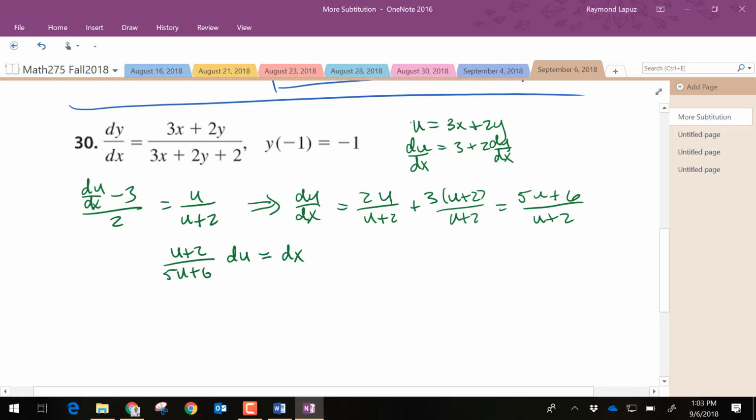It looks like we could do partial fractions, but you know, we can't really do partial fractions. So anybody know how to integrate this? It is a sum up on top, right? You can break it up.